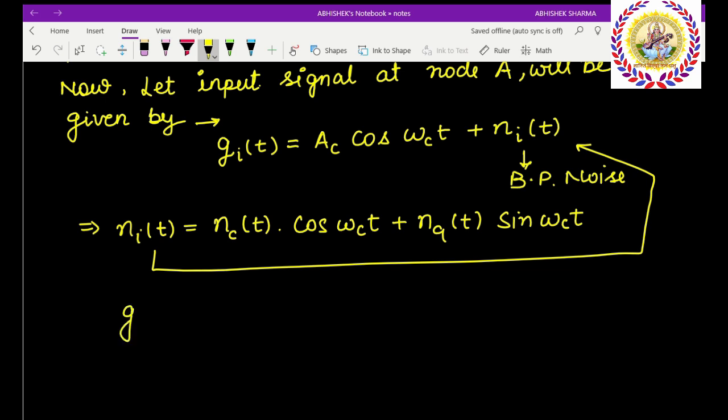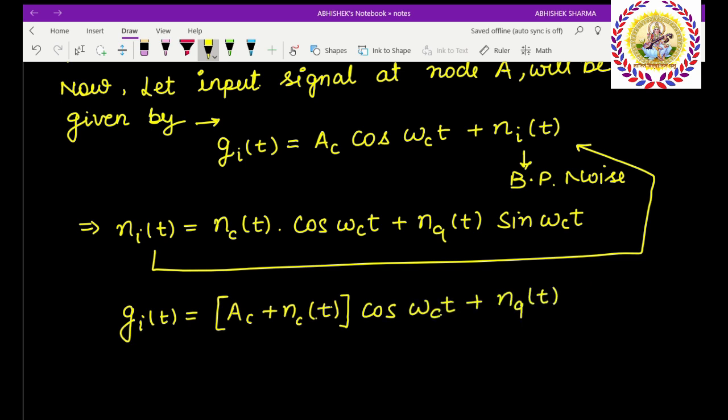The new expression will be gi(t) is equal to, we can take the common term, Ac plus nc(t) of cos of omega ct plus nq(t) into sin of omega ct.